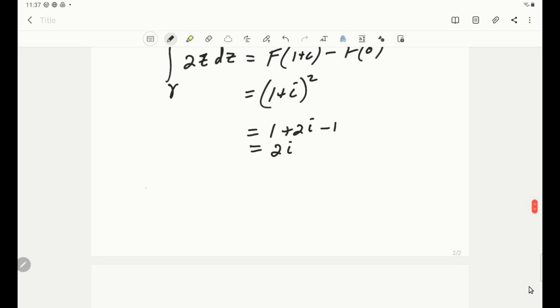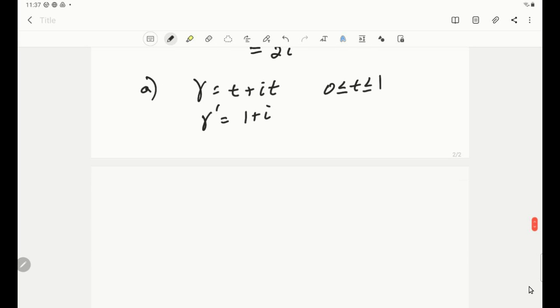So if we look at part A, again, gamma was equal to t plus it, 0 less than or equal to t less than or equal to 1, and of course gamma prime then was 1 plus i. So we just do that integral this way.